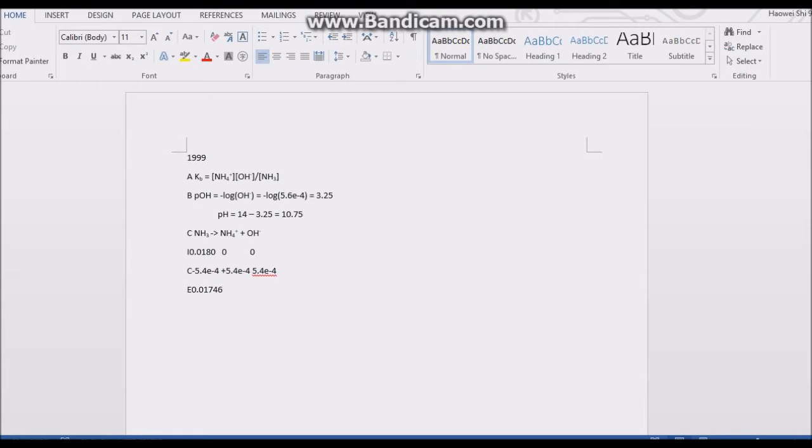Due to significant figures, we can only have 2 digits, but we're not going to round on this step because we're just going to do it on the final step. For the NH4 and OH minus, both are 5.6 times 10 to the negative 4th molar.